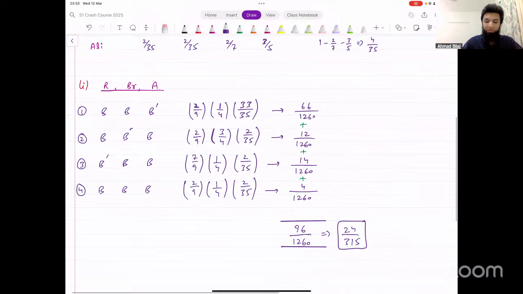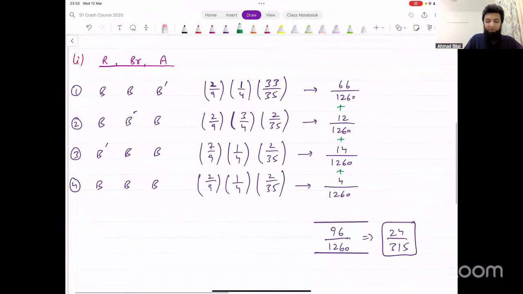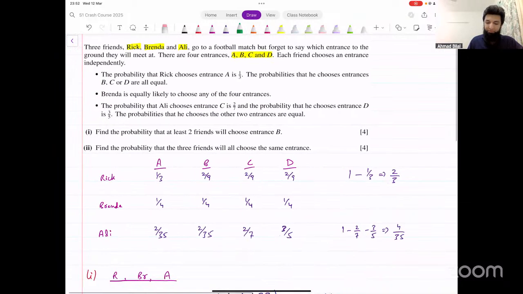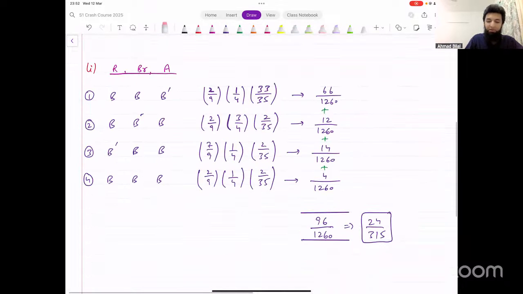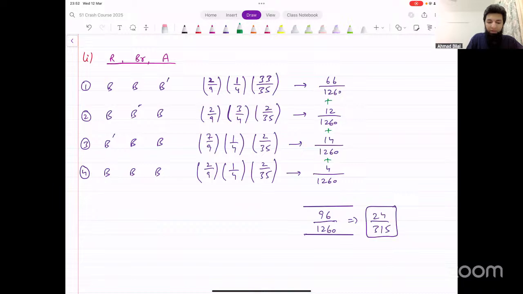Okay, so you are saying in the first case, for instance, if we want the probability that at least 2 friends will choose B, we say, okay, find the probability that Rick chooses B and Brenda chooses B, and then don't care about Ali choosing B or not choosing B. Is that what you're saying? Yes, sir.